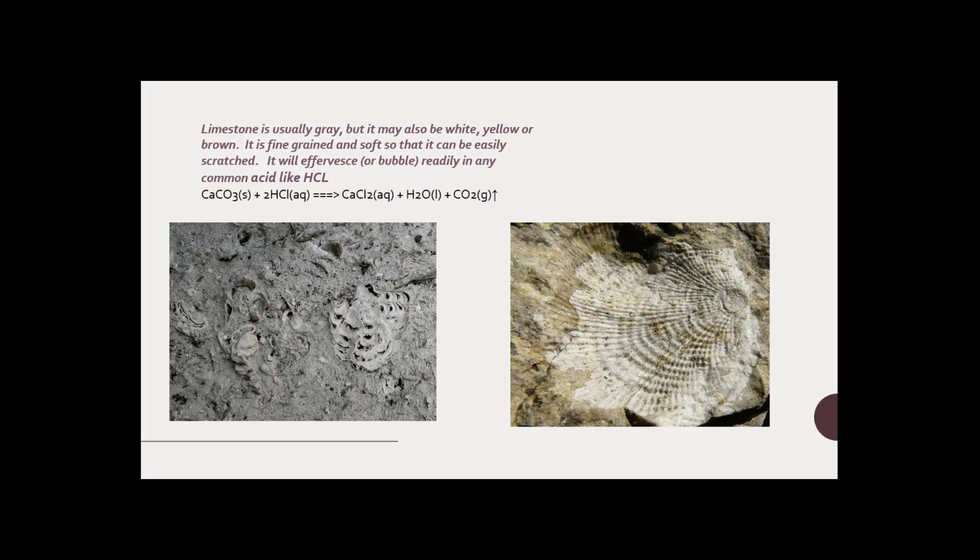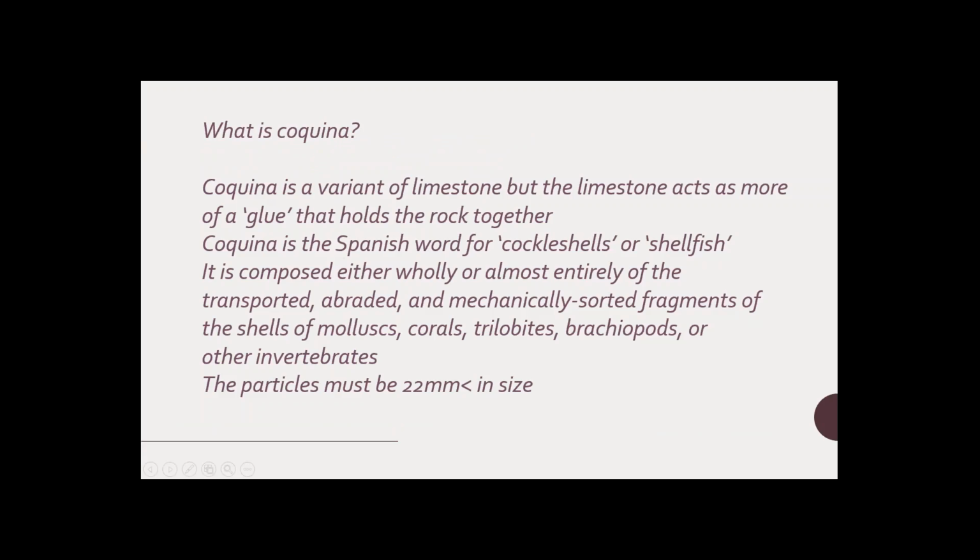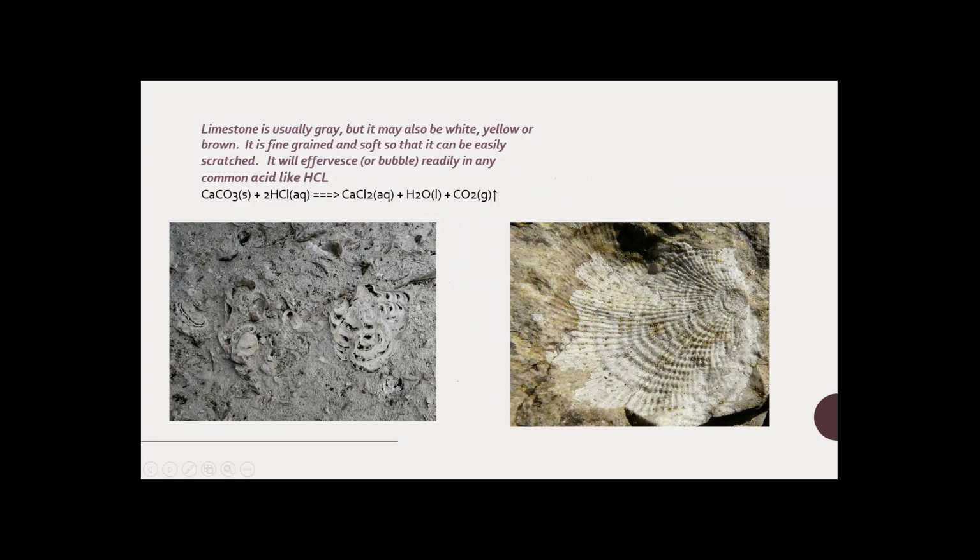So if you remember, calcite is calcium carbonate, and if you put hydrochloric acid or anything else that starts with the H proton, then it's going to release water and carbon dioxide. So that's just one of the easiest ways you can identify the limestone.